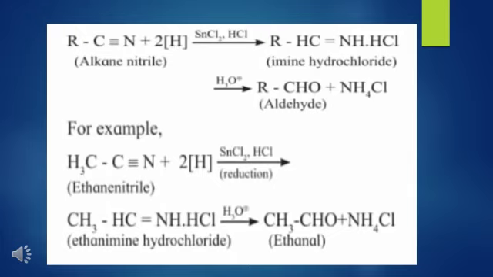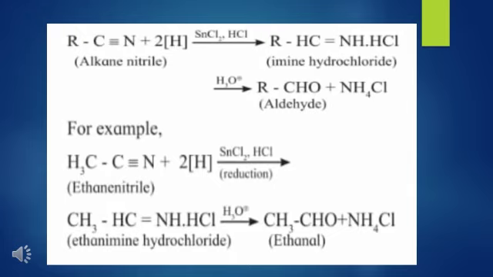In the Stephen reaction, alkane nitrile, which is R single bond C triple bond N, reacts with 2 hydrogen in the presence of stannous chloride SnCl2 with hydrochloric acid. Reduction is done. It gives R single bond CH double bond NH dot HCl, which is imine hydrochloride.